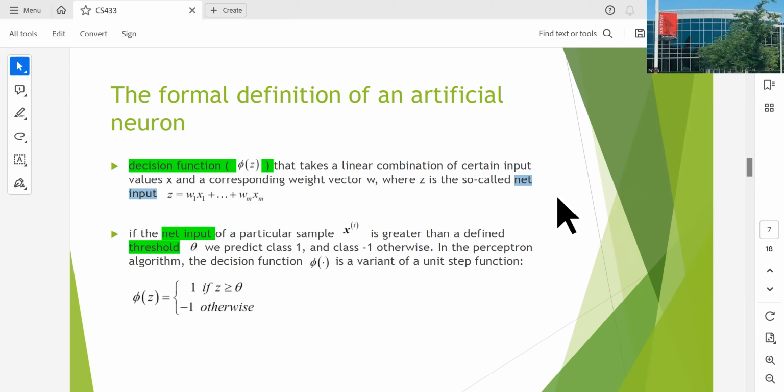Otherwise, you say it's the other class. Only when the value is greater than a certain threshold do you say okay to go. That's the concept here.